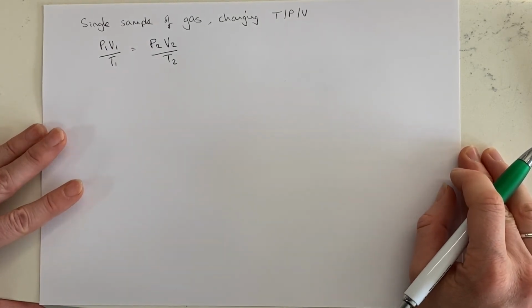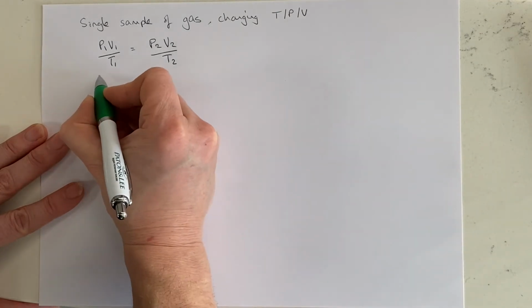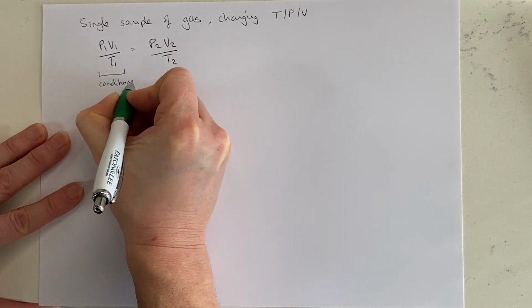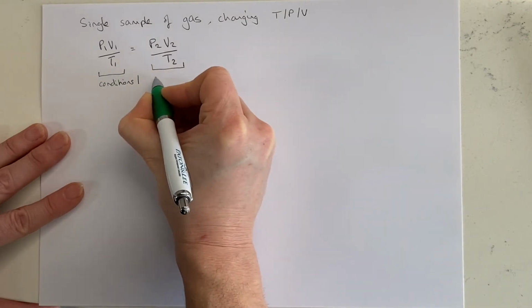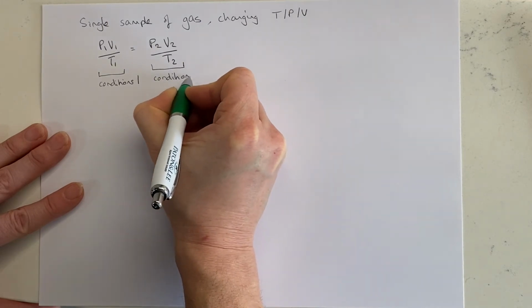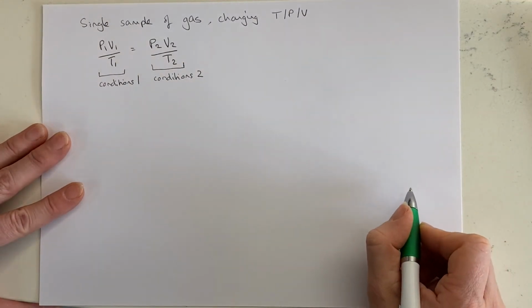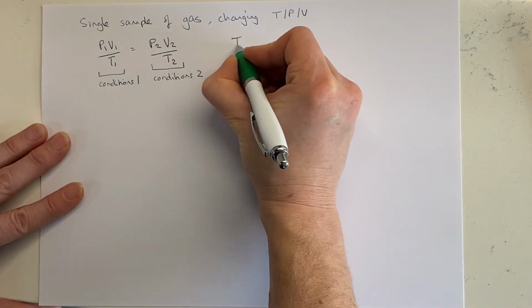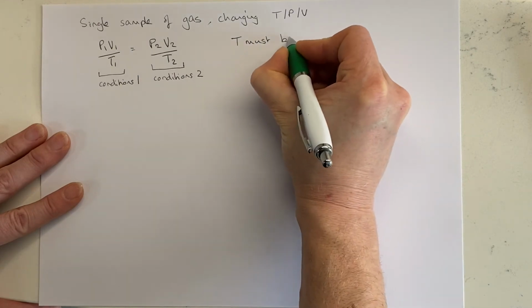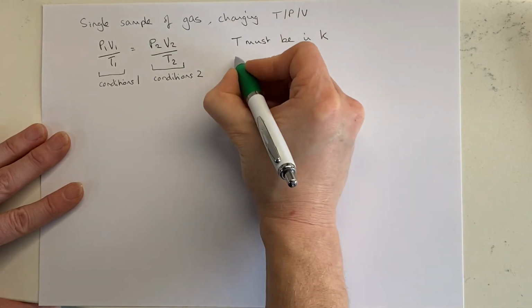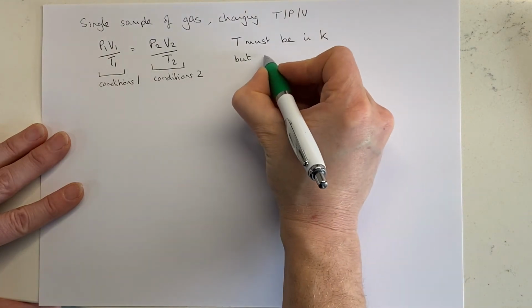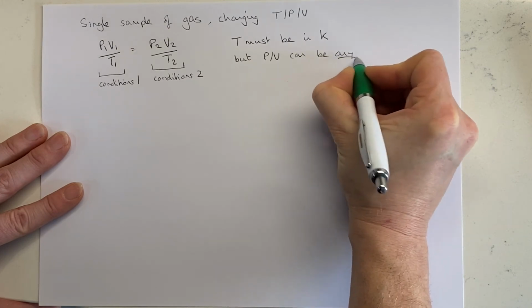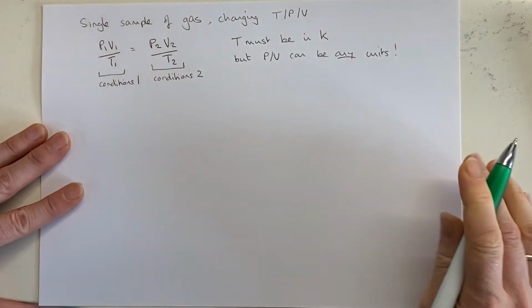So P1 V1 over T1 equals P2 V2 over T2. This one kind of rolls off the tongue quite easily. And as hopefully you might expect, these are conditions 1, so they're your start conditions, and these are conditions 2, so those are your end conditions. The really nice thing about this equation is that temperature must be in Kelvin, but pressure and volume can be any units, as long as you're consistent.